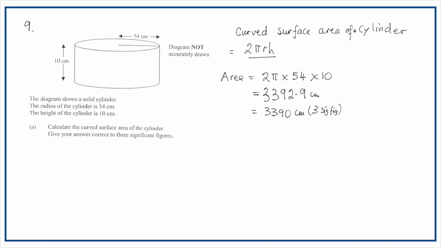The curved surface area of a cylinder is 2 pi r h. So area equals 2 pi times the radius, which is 54, times the height, which is 10. So equals 3,392.9. We wanted 3 significant figures, so the answer is 3,390 centimeters squared.